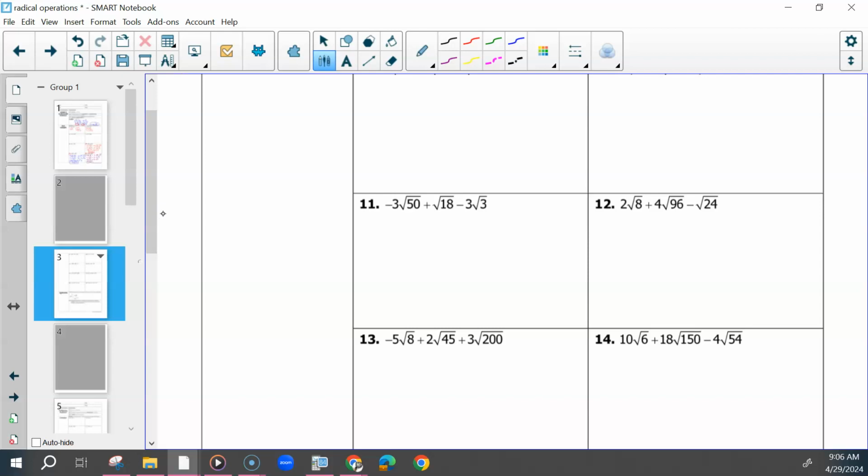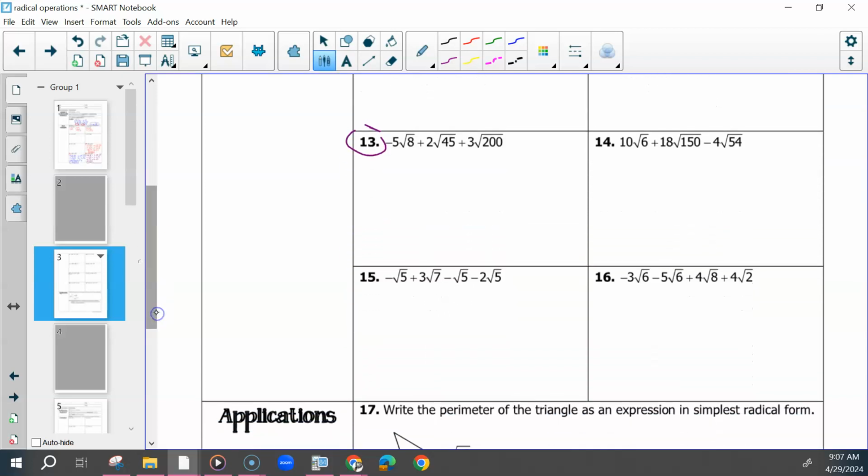There are just more of them. Which of those do you want to see or have questions on? 13, 11, 14. We'll do those three, and then we're going to do one of the applications.